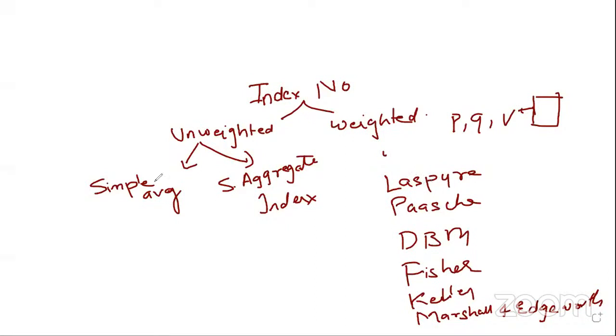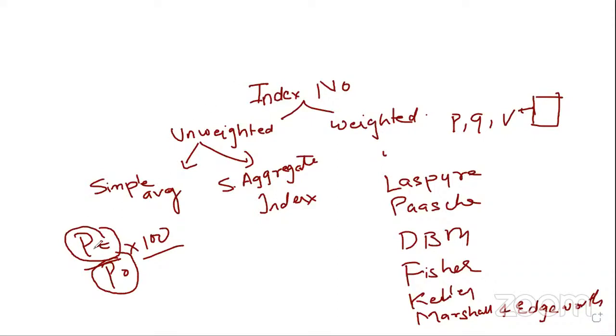Okay. So this is simple. Pt by P0 into 100. Current year price divided by base year price into 100. Any doubts in this? In simple average, any doubts? No, sir. Okay. So we are starting from the simplest of simple.